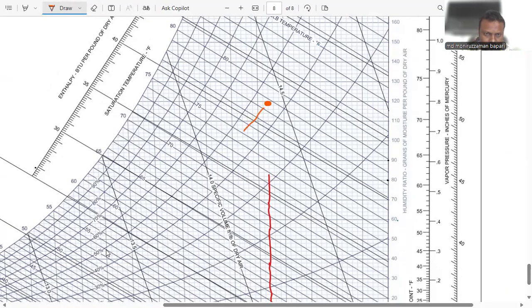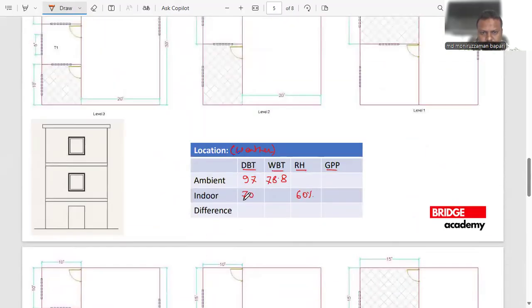So if you can follow this line, it is in between 40% to 50%. So let's take relative humidity 45%, and moisture is around 120 grains per pound or 119 grains per pound likewise. So let's put it down in here, 45%, and 119 grains per pound. We'll check it back using software to make sure that we are going to get the right data.